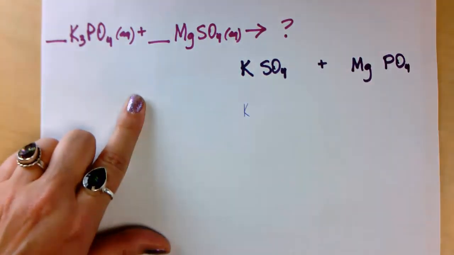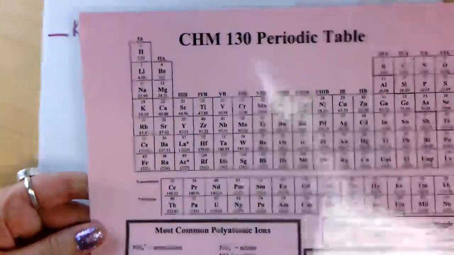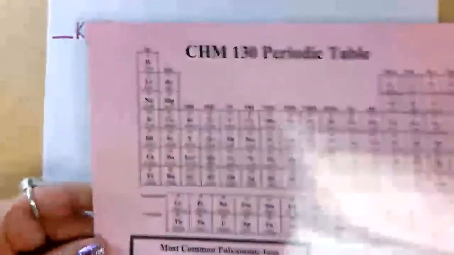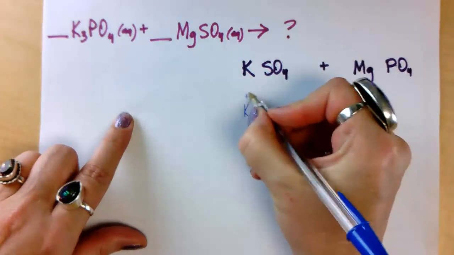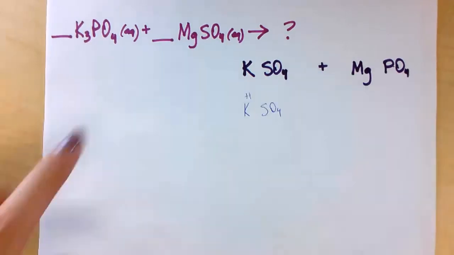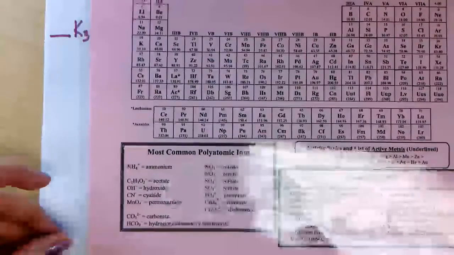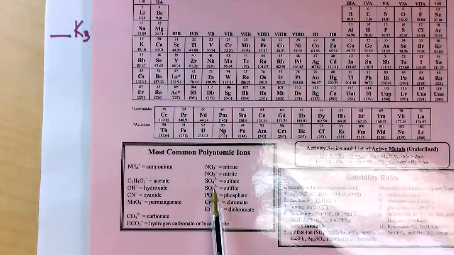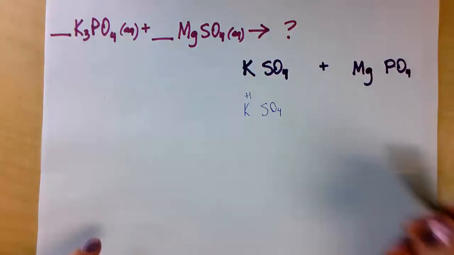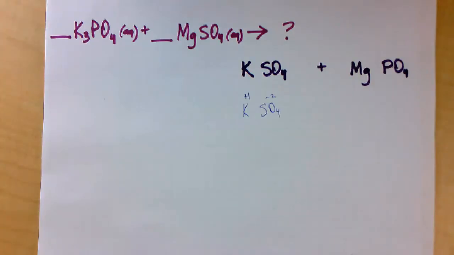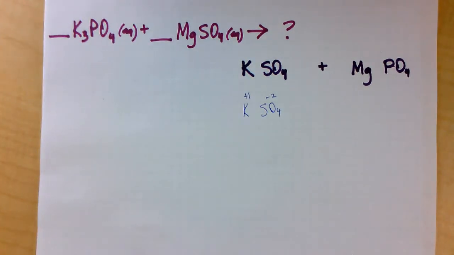It's in the first column of our periodic table, and that makes it a +1. What about sulfate, SO4? If we look at our periodic table, SO4 is a polyatomic ion, and it has a 2- charge right there. So that's a -2. Well, that doesn't add up to 0, and compounds have to be neutral. +1 - 2 isn't 0.